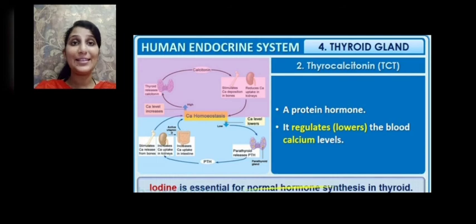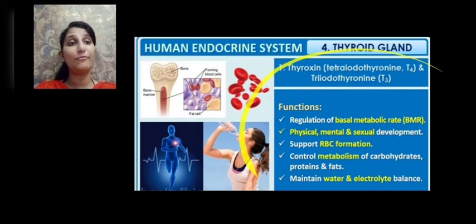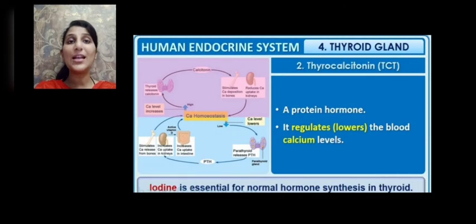So these are the functions performed by the T4 and T3 hormones secreted by the follicular cells. And what was the last hormone secreted by the thyroid gland? It is thyrocalcitonin, which is known as TCT. It is a protein hormone in origin, and it regulates the calcium levels of our body.